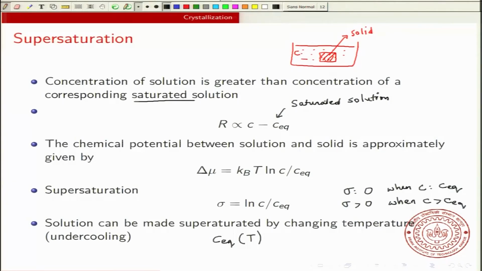So, suppose you suddenly lower the temperature, then you are undercooling it, so you use the phrase undercooling, which says that you are below the equilibrium temperature, and that makes the solution supersaturated. So, it is again out of equilibrium. This is one way of growing crystals from solution.